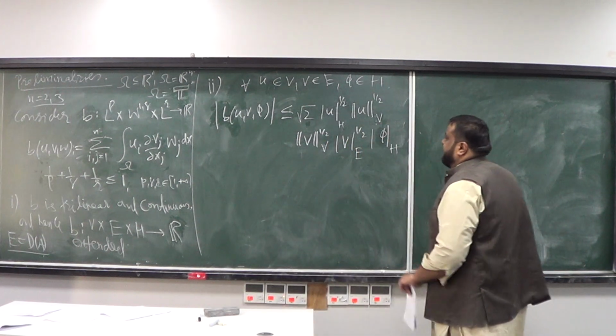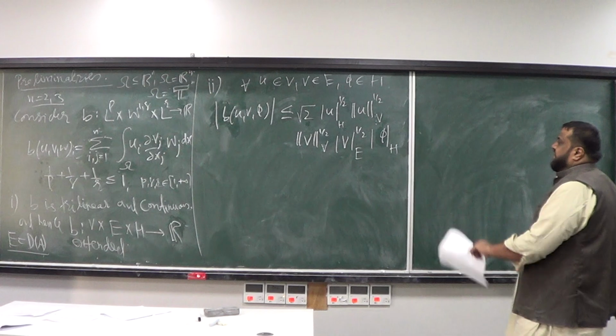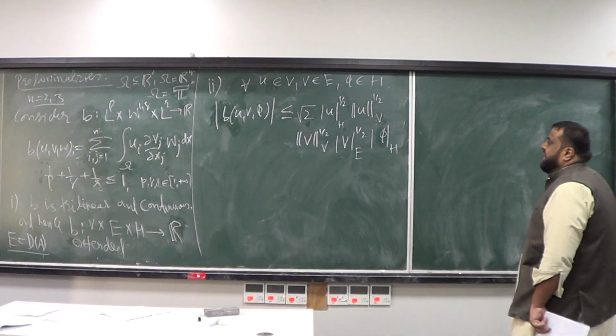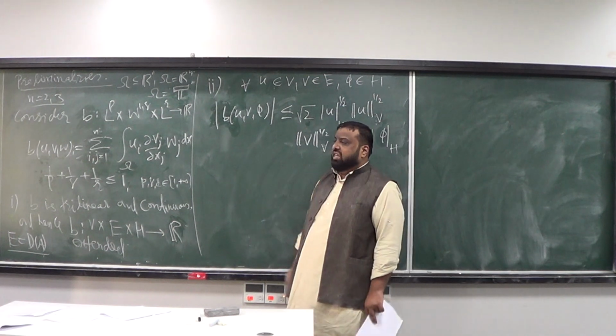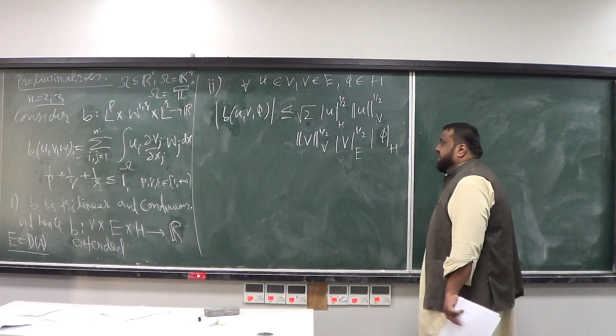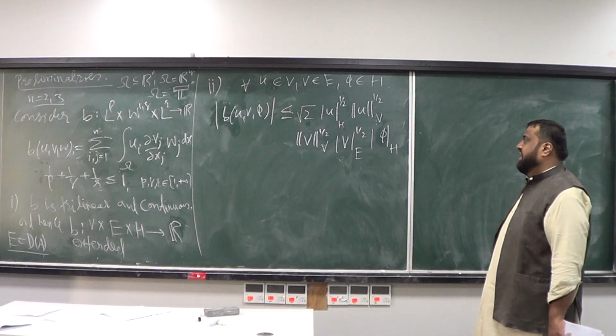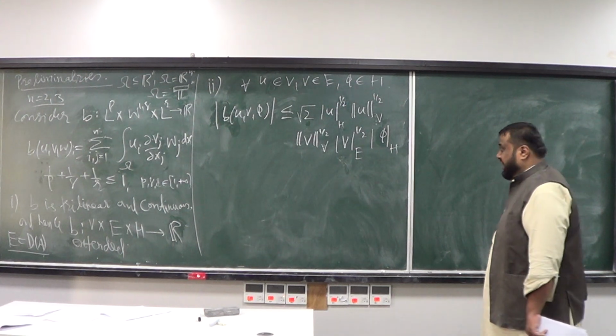Okay, so the B satisfies this inequality. So from this definition, what we can do is that we can show that B satisfies such kind of an estimate, and this would be a crucial estimate in our computations actually.